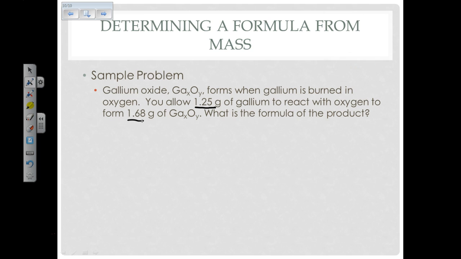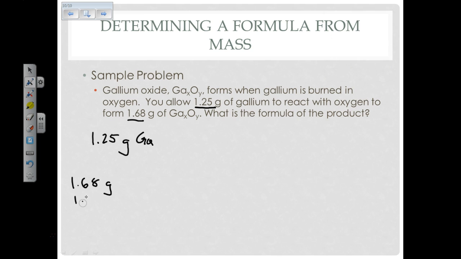So the data you're getting in the lab is very straightforward. You're getting 1.25 grams of gallium, and then you get 1.68 grams of the whole thing. But how much of that is oxygen? Because you want to break that up into oxygen and gallium.